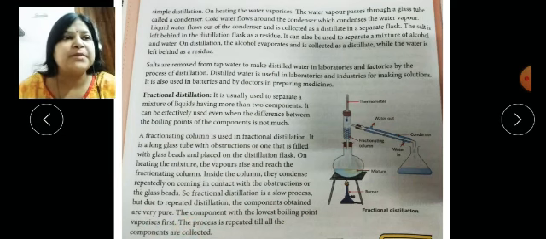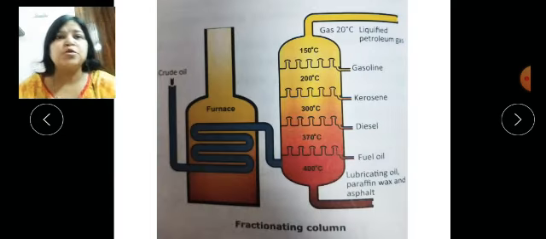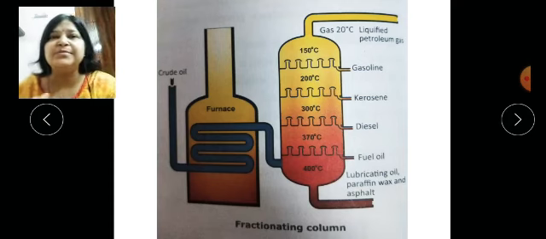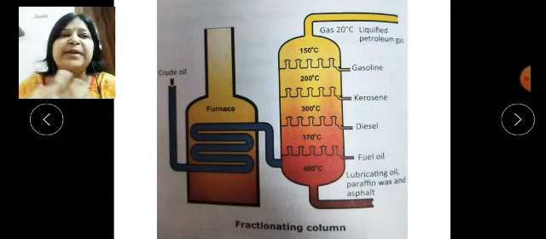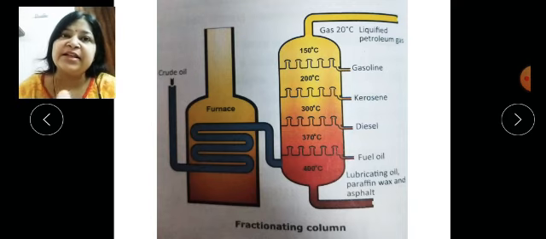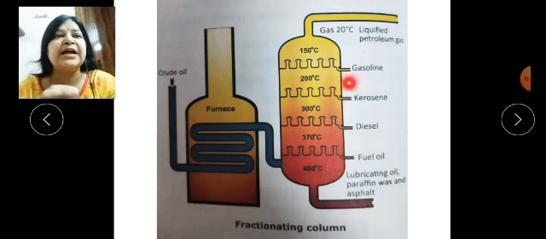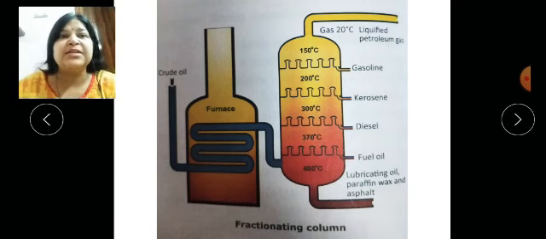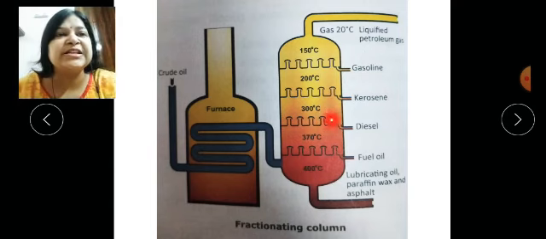What is the meaning of this? As I told you so many times, from crude oil we can get petrol, diesel, kerosene, LPG, gasoline gas, and paraffin wax. This is the fractional distillation chamber.